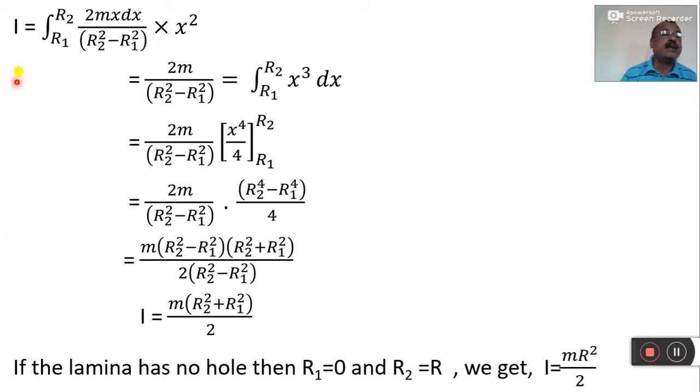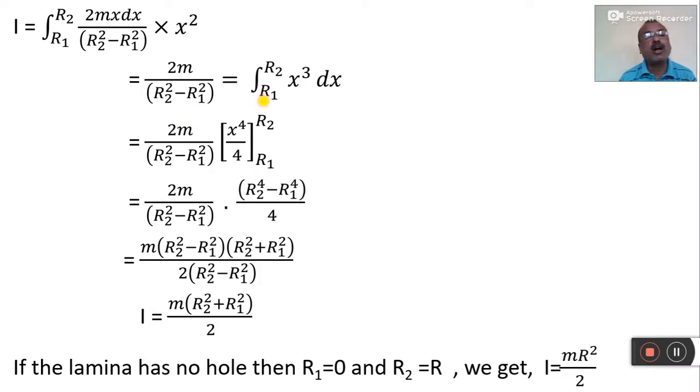If we integrate from R1 to R2, 2m x dx divided by R2 squared minus R1 squared into x squared, we can derive the expression like this: 2m divided by R2 squared minus R1 squared is taken out.